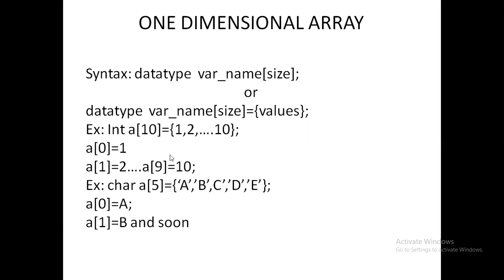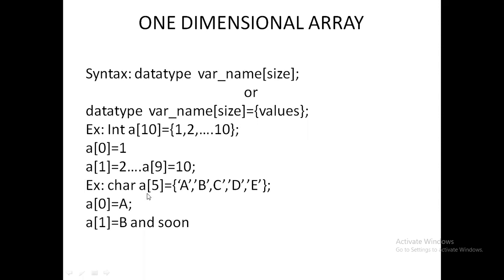For example, int a of 10. How will I initialize it? You can see here a of 0 is equal to 1, a of 2 is equal to something, like this. If in one go I want to initialize the whole array, I will write int a of 10 is equal to 1 comma 2 comma, something like this. If I want to initialize element by element, I will use a of 0 is equal to 1, or a of 1 is equal to something like that.